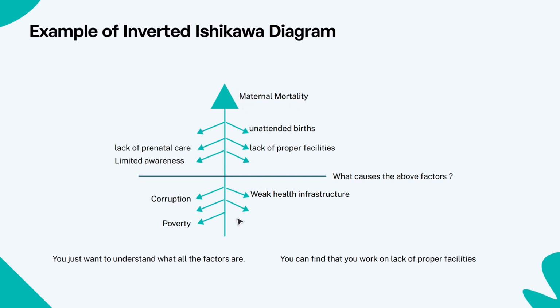A diagram such as this helps such an innovator to find something that they can actually work on. For example, weak health infrastructure is a particular factor or a pain point that feels tangible enough to work on. And if you work on this problem really well, you'll actually be tackling the bigger problem. I hope that makes sense.